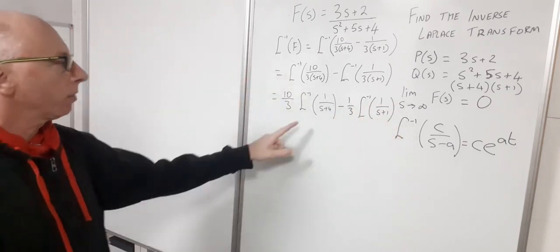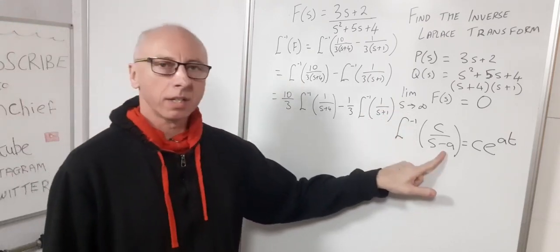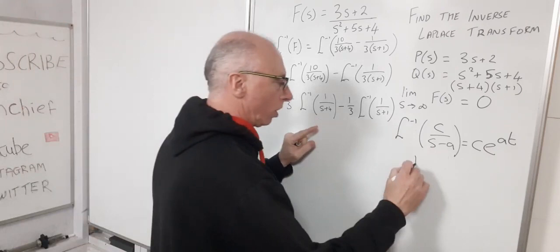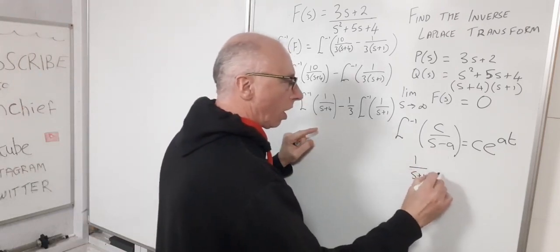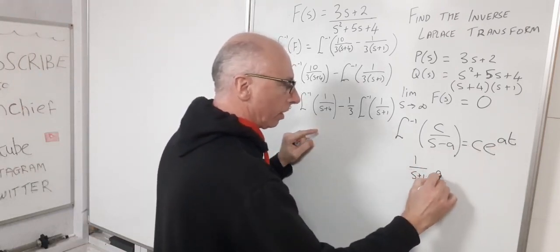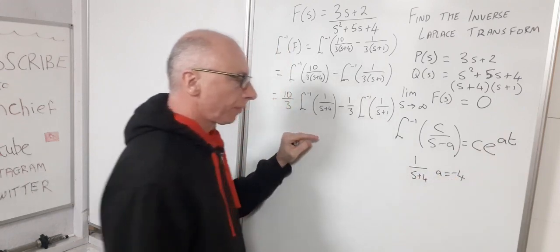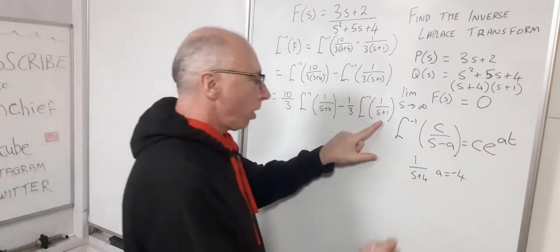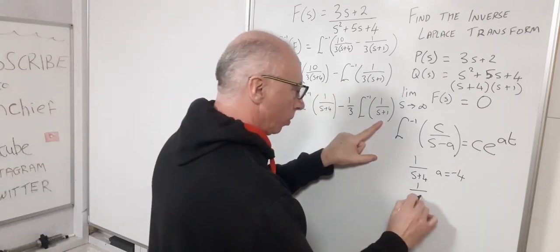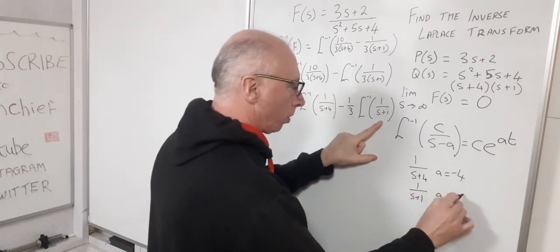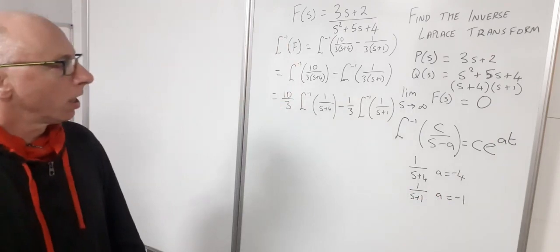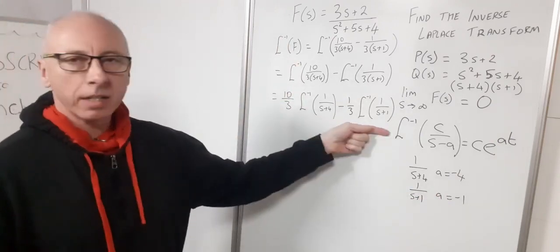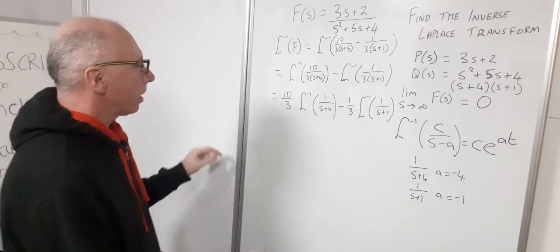Okay, now using these in this kind of format, for 1 over s plus 4, our a would equal minus 4, because s would be minus 4. And then this one, 1 over s plus 1, our a would equal minus 1. Okay, now with that in mind, let's plug them into these inverse transforms.